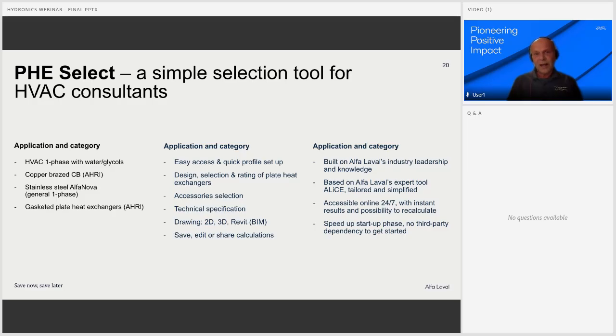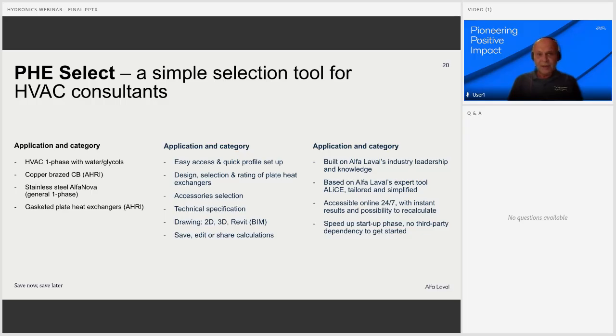It's the PHE Select. It enables you to calculate the heat exchangers according to your designs. The applications are HVAC, one phase. We have the copper brazed, we have the stainless steel range, and of course the gasketed heat exchangers, falling under the HRI program.